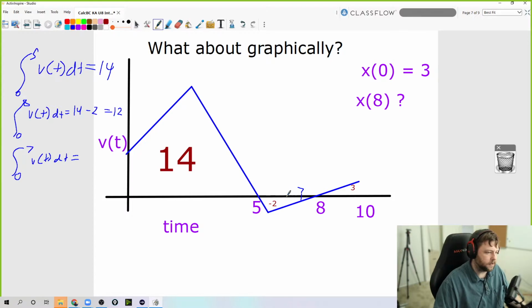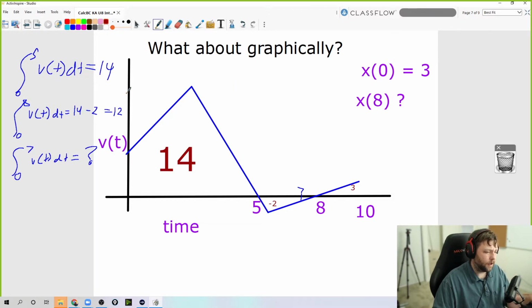How do I chop this up? This would be one of those cases where I don't have enough information. I couldn't tell you that. I could estimate it and give a rough estimate, but I'm not going to be able to give an exact answer because I don't have those specific areas under the curve.